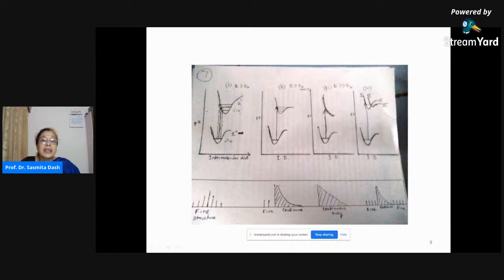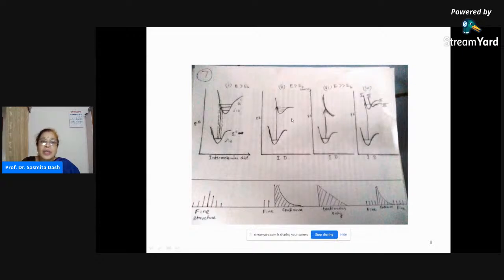In all these four cases, 1, 2, 3, and 4, on the x-axis we have taken intermolecular distance, and on the y-axis, potential energy. For all the cases, it has been drawn in that manner.